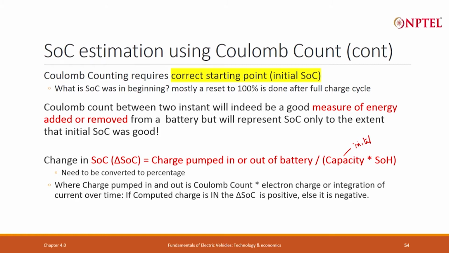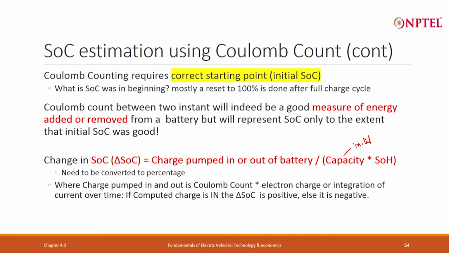So, the charge pumped in and out of the battery is divided by 10 kilowatt hours, you convert the charge into energy again, and that will give you the change in state of charge.